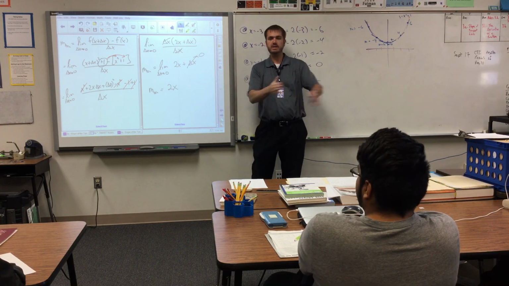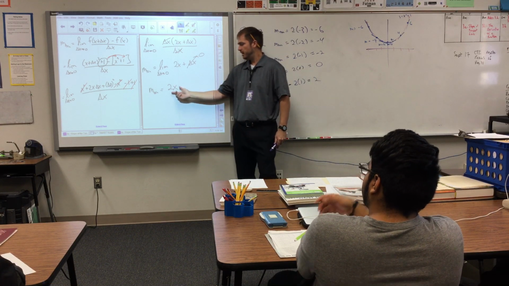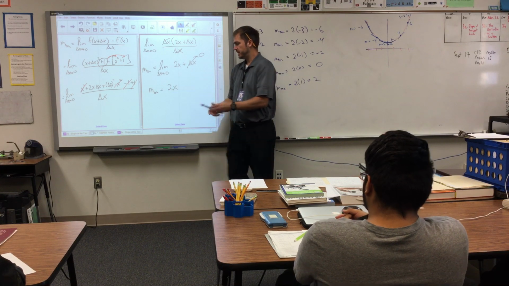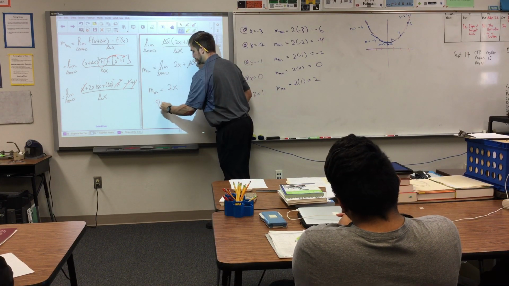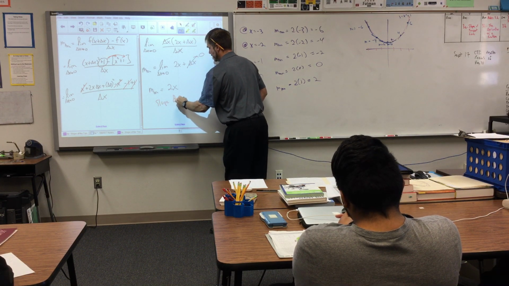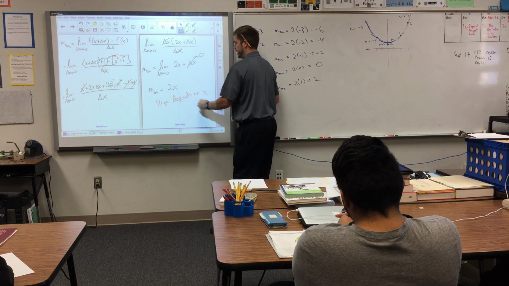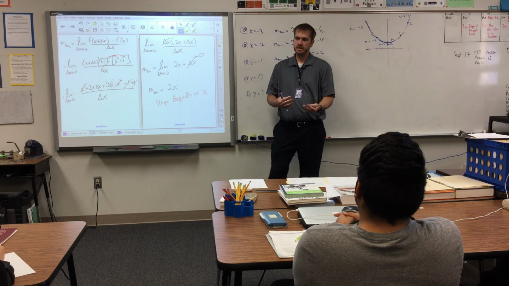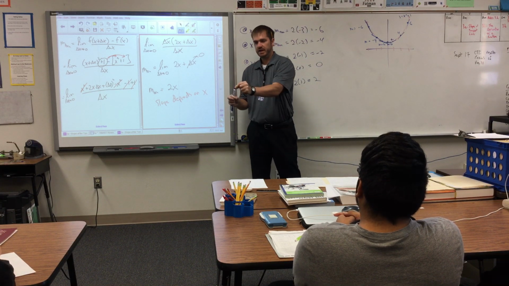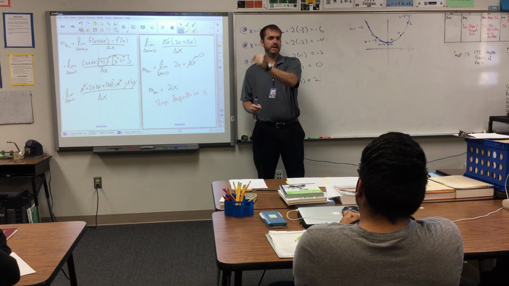It depends on where you are. So in our language we would say that the slope depends on x. What's more, for any given x, you're going to get one and only one value of the slope.